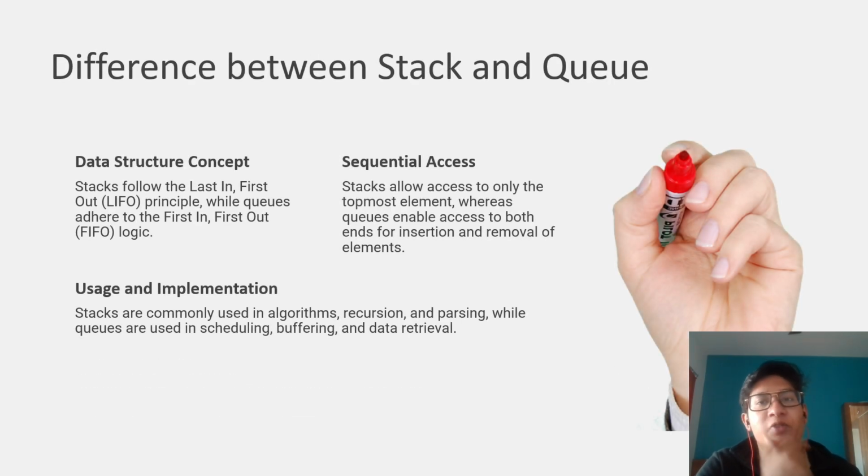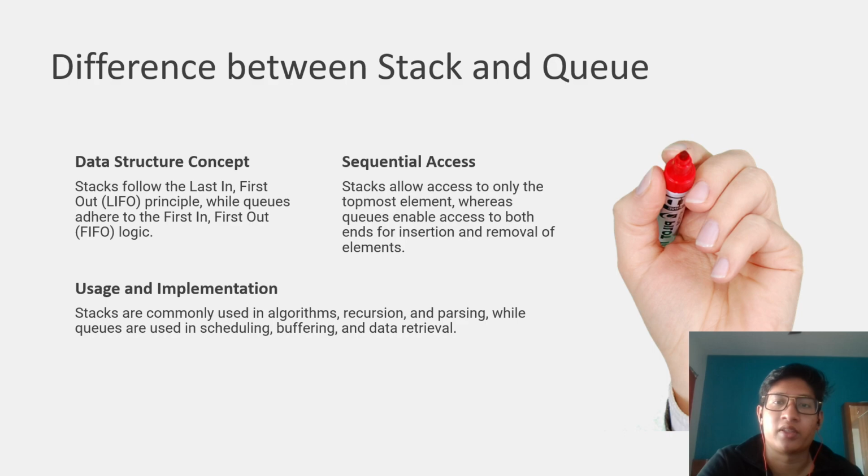Now, the difference between stack and queue. Data structure concept. A stack follows the last in, first out principle, while a queue adheres to first in, first out logic. Sequential access.